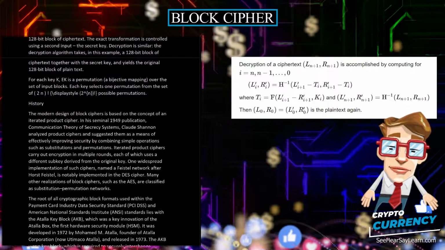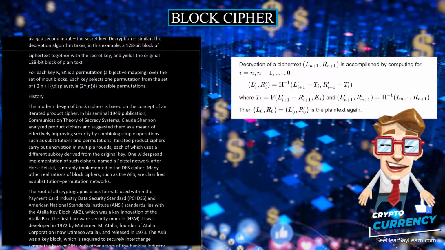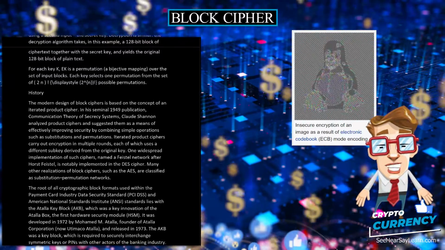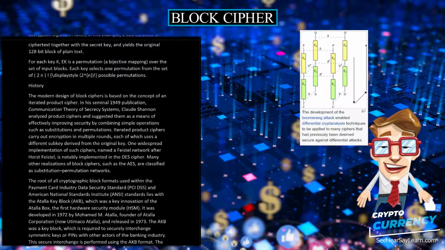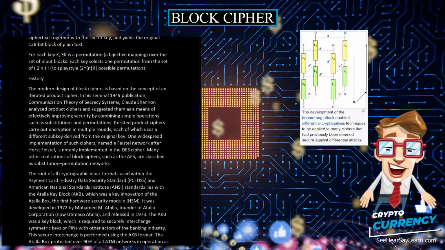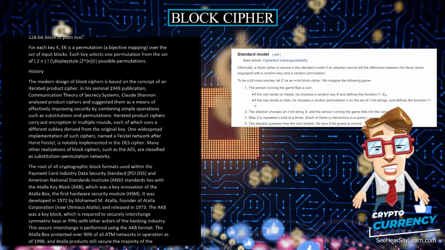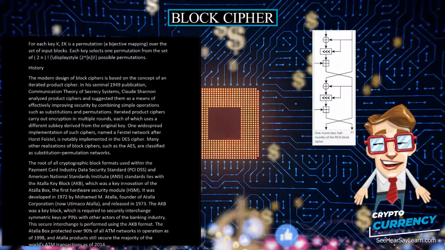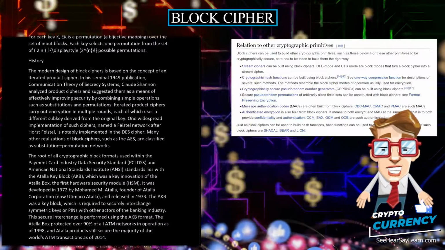History. The modern design of block ciphers is based on the concept of an iterated product cipher. In his seminal 1949 publication, Communication Theory of Secrecy Systems, Claude Shannon analyzed product ciphers and suggested them as a means of effectively improving security by combining simple operations such as substitutions and permutations.